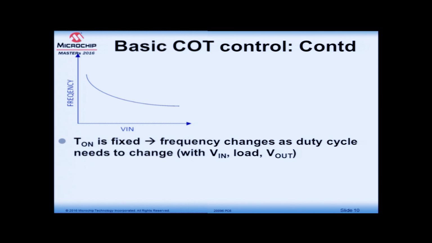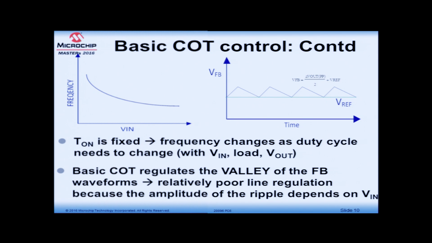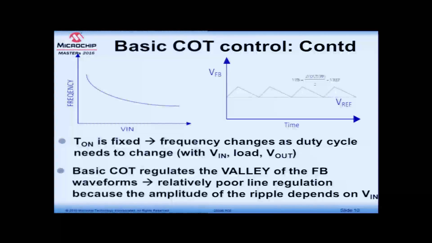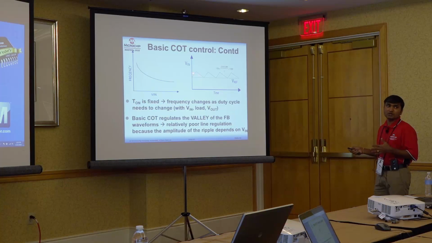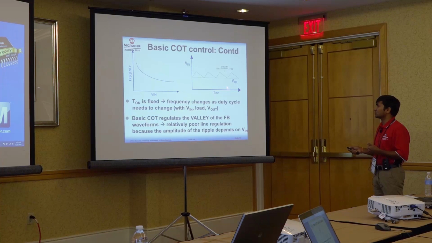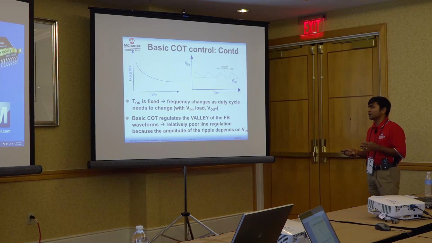The other disadvantage with the basic COT control is that, as we have seen, we need a ripple above the reference voltage. So, the DC operating point is higher than the required output voltage. The DC regulation is not very good with the basic COT control, because it regulates the value of the feedback waveforms.